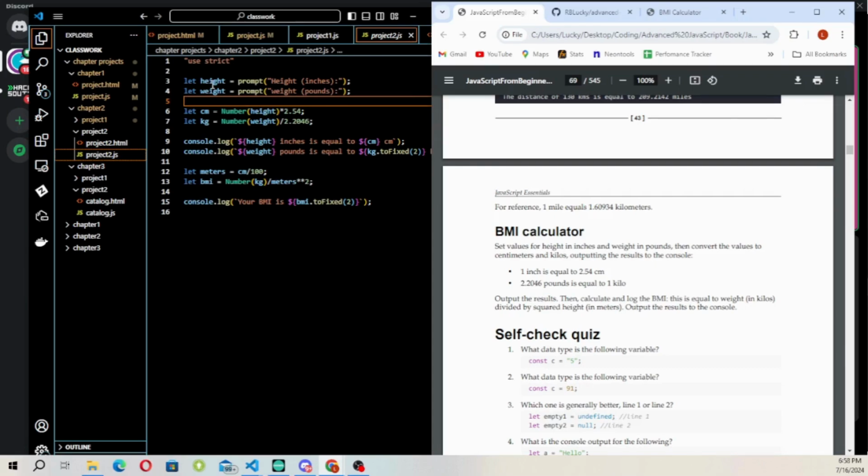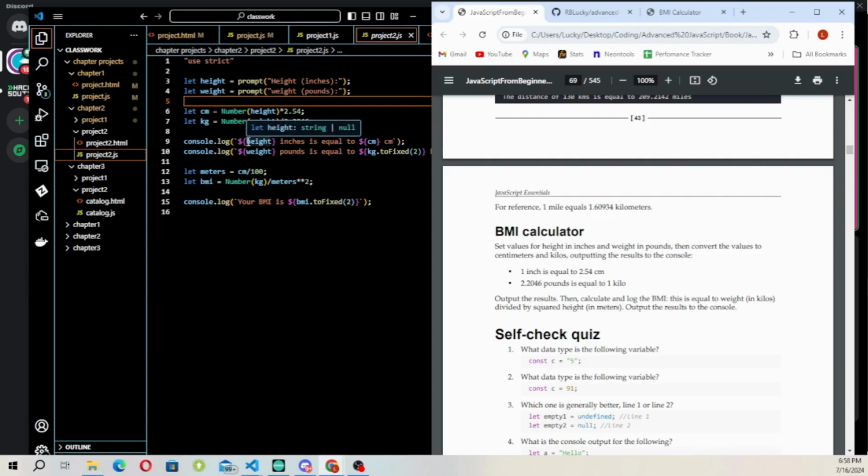So you need to change height from string to number using this function here, and then you multiply it by 2.54 to convert it to centimeters. Remember, it's in inches. Then you do the same thing with weight. The weight is in pounds. You divide by this to convert it to kilograms, and then here you just log on the console.